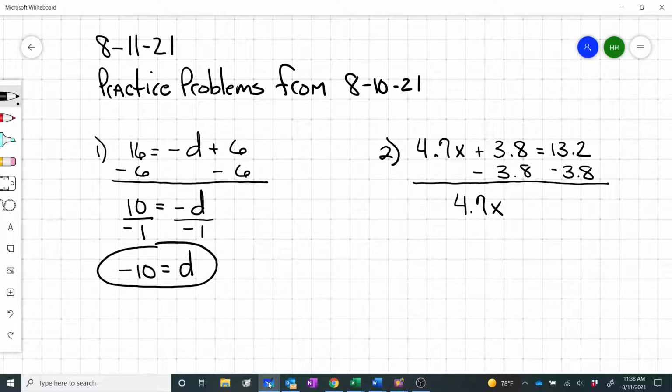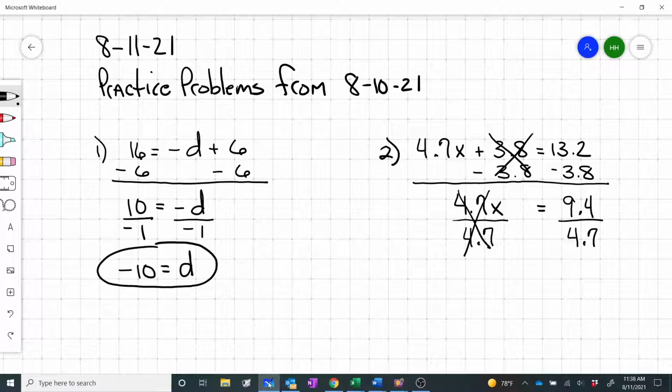The 3.8s cancel out. And it's equal to 13.2 minus 3.8, 9.4. And then divide both sides by the 4.7. These cancel out, and your x is equal to 2.